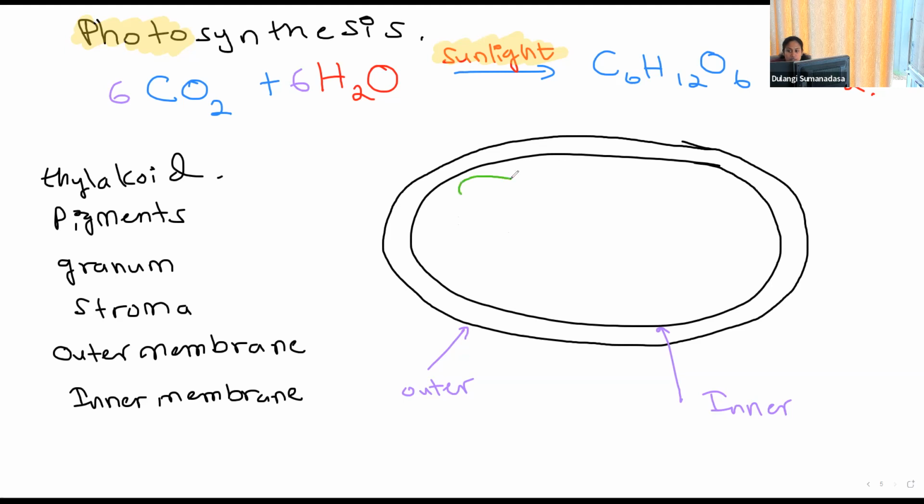And the individual disc is the thylakoid, and you're going to have a stack of thylakoids. You can just go from 3 to 7, right? So you can just end up with 3 thylakoids, or whatever the number in between 3 to 7. I have 5.